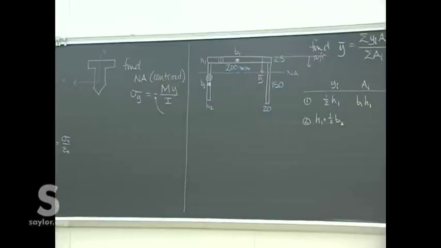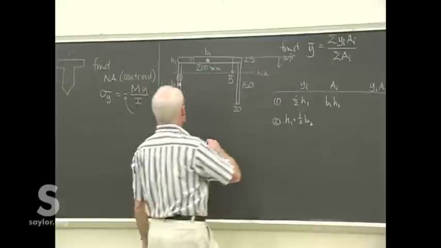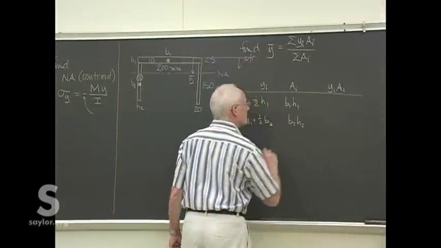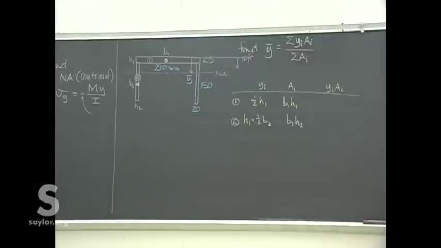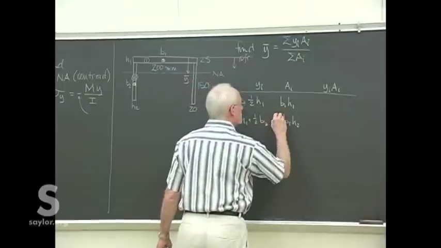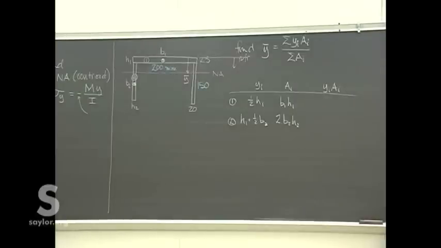So be careful of those kinds of things. It's really easy to slip up with that. And then, of course, the area of piece 2 is B2 H2. However, there's 2 of them. So we can just double it, or you can call it number 3 if you want and just add it on separately that way. It doesn't matter, it all comes out the same anyway.